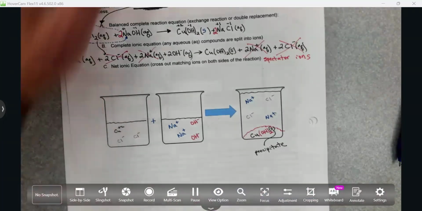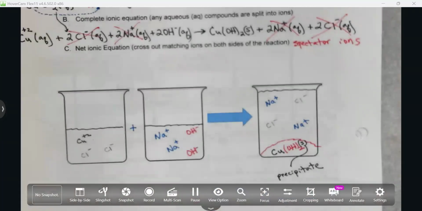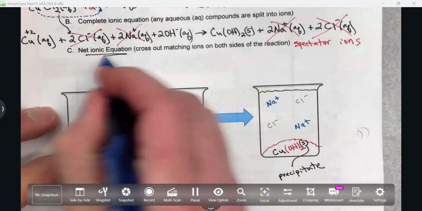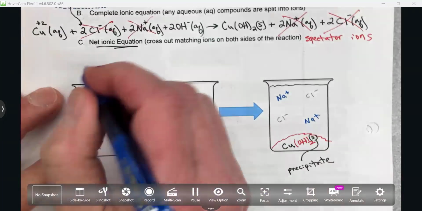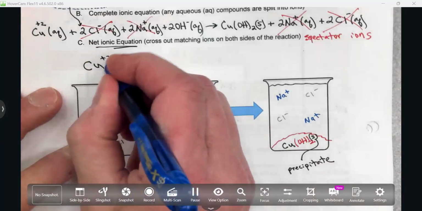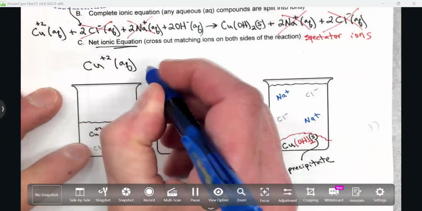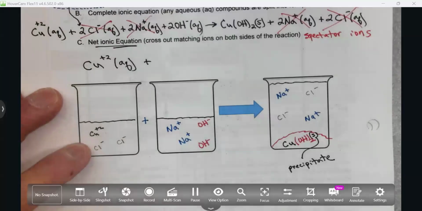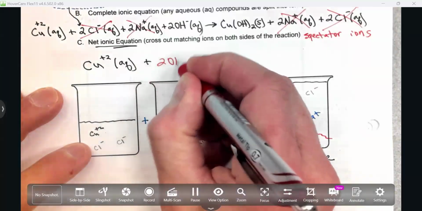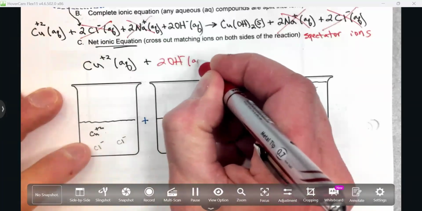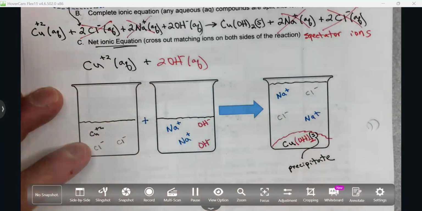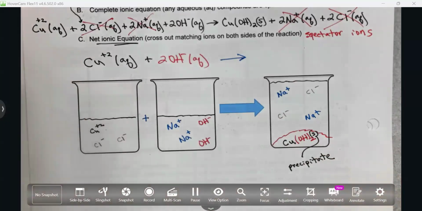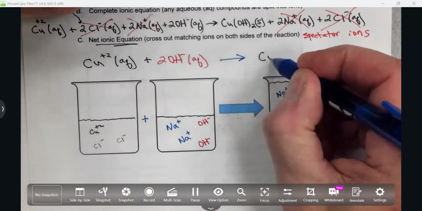If we cross out our spectator ions, then our net ionic equation should be Cu plus 2 aqueous from house party number 1, getting together with the hydroxide ion from house party number 2, and meeting at house party number 3.